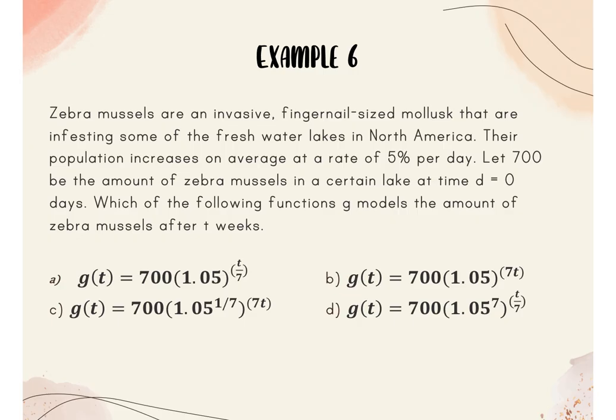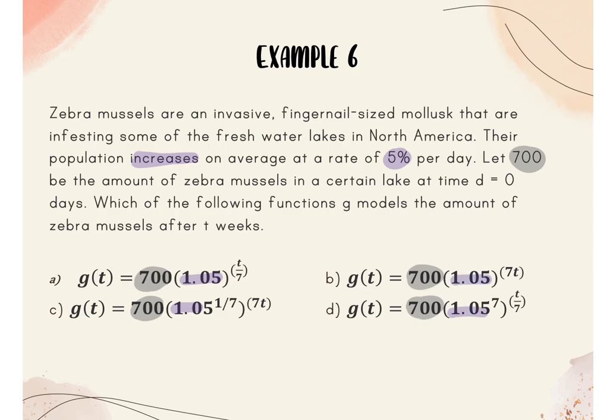So first of all, some initial information that's hopefully noticeable. 700 is our initial amount, and it is the same for each of these, okay? And it grows at a rate of, it increases, first of all, which means it's going to get bigger. So if there was like a 0.95, I'd know to rule that out. Grows at a rate of 5%. So all of the bases are also 1.05.